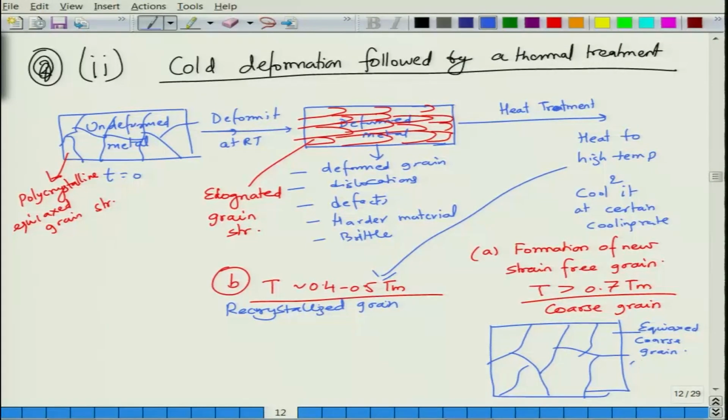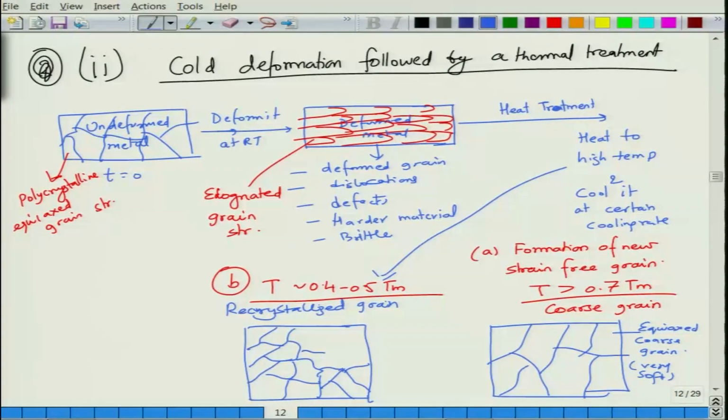So this will make the material very soft, but recrystallized grains will mean that you have a grain structure which is finer than the coarse grain structure, and again the grains are randomly oriented, so it is an equiaxed grain structure. This recrystallized grain structure will have strength higher than the coarse grain structure and more elongation.